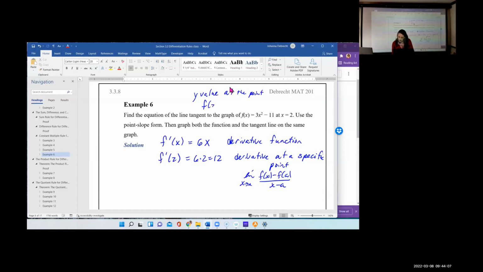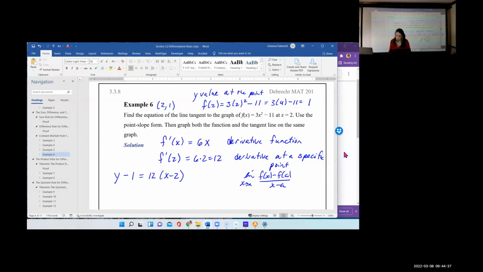So this would be f of 2, which is equal to 3 times 2 squared minus 11, which is 3 times 4 minus 11, which is 1. So this gives me the ordered pair 2, 1. So then I write the equation in point slope, y minus 1 equals my slope of 12, x minus 2, right? And then we said we wanted to graph it.